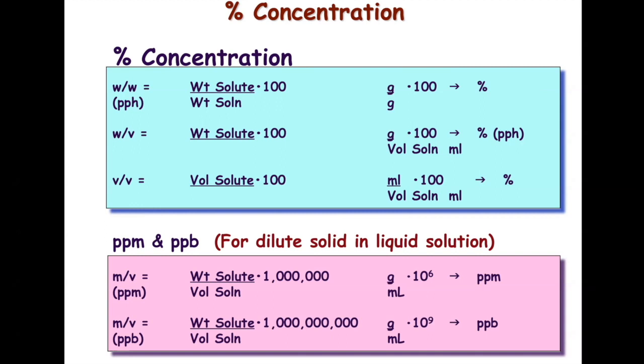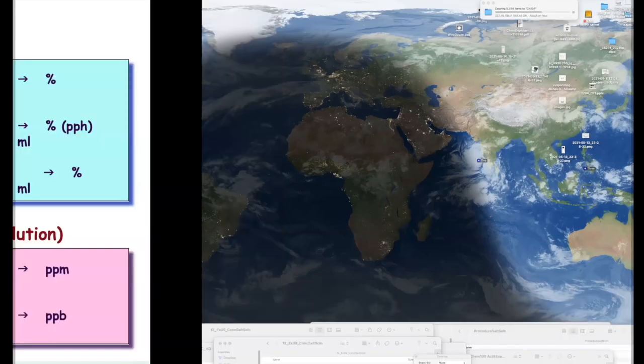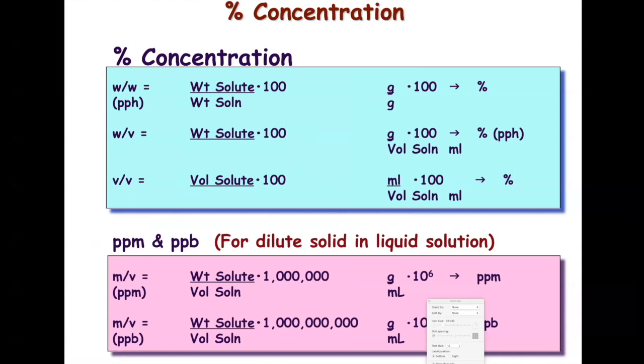There's also another concentration that you guys will be calculating, and that's fairly easy to do. Instead of multiplying by 100, you're going to be multiplying by 1,000,000, and that unit is just called ppm, parts per million.